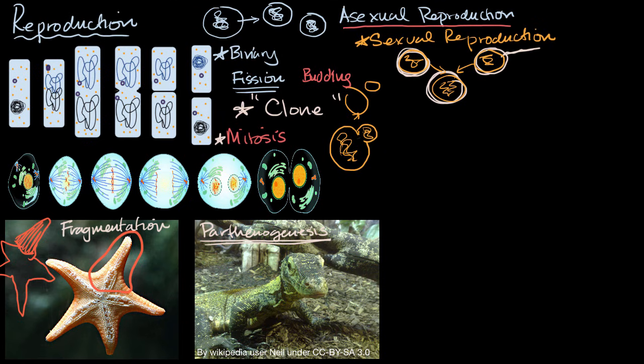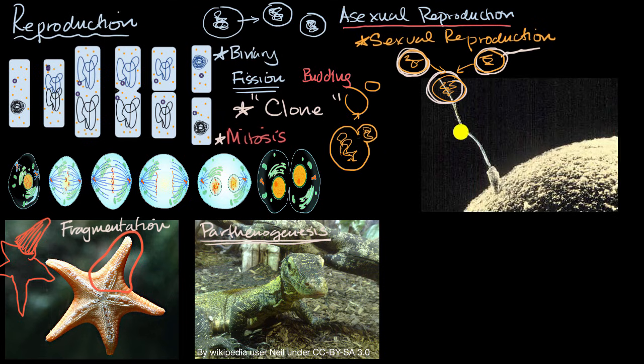Remember, in sexual reproduction, we talk about how a sperm from a father organism needs to fertilize an egg from a mother organism, and then once they fuse together, that fertilized egg can go through mitosis to produce a multicellular organism. But in parthenogenesis, you have an egg on its own that does not need to be fertilized, that can turn into a multicellular organism like a baby Komodo dragon.